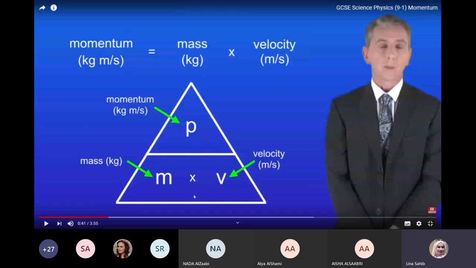If I need to find momentum, mass multiply velocity. So what is the unit for the momentum? It's kilogram multiply meter per second. Did you write this formula, please? Yes. Okay, I will move forward.